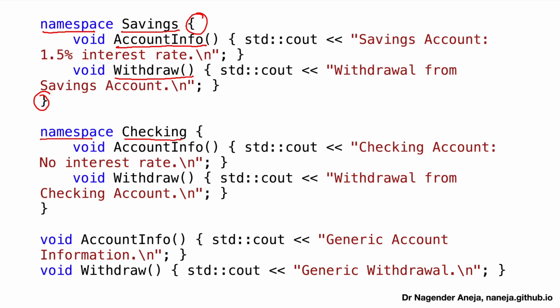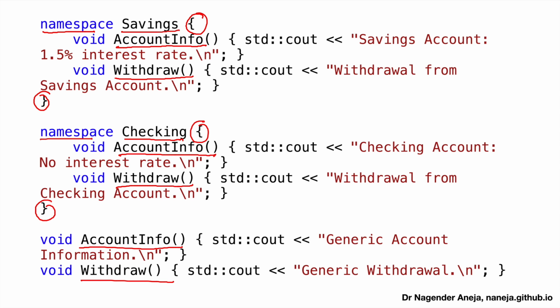This is checking, and its scope is here to here. And this also has account info and withdraw, exactly the same functions. Similarly, outside the namespaces, in the global namespace, we again have account info and withdraw. So we have three account info and three withdraw functions.